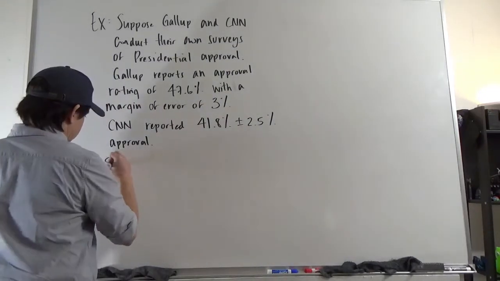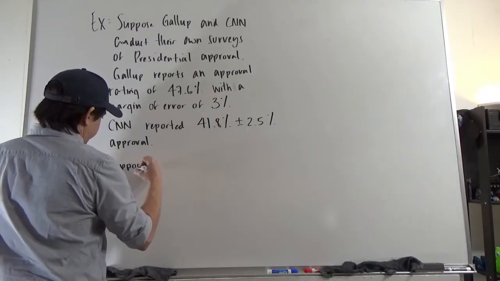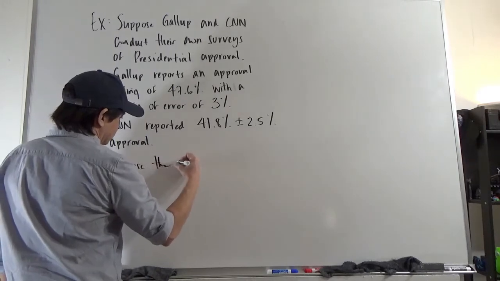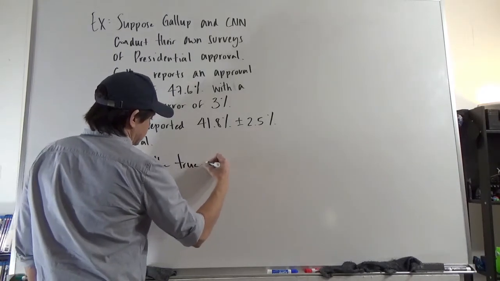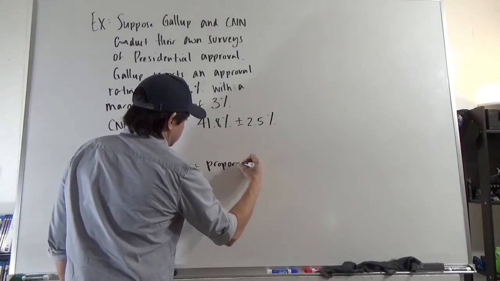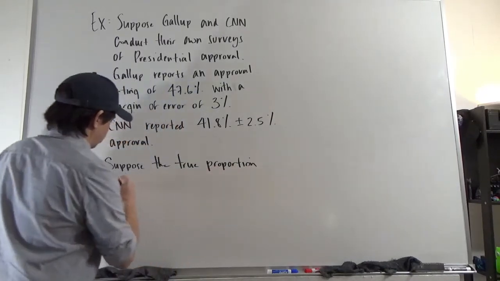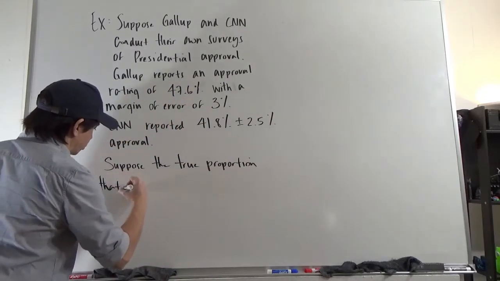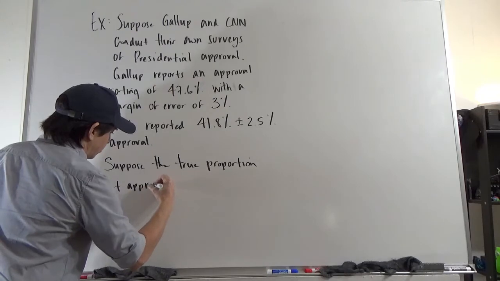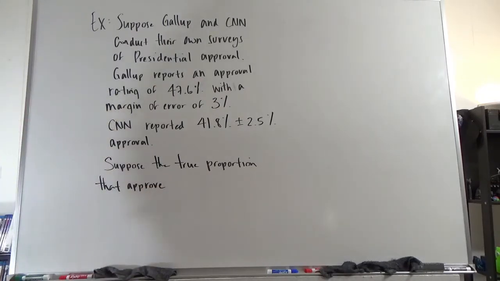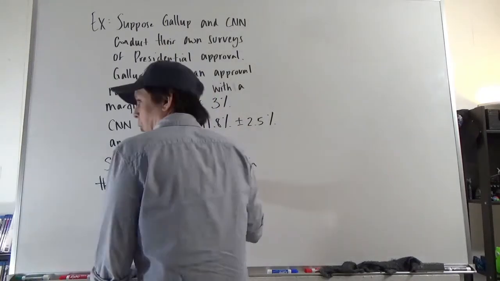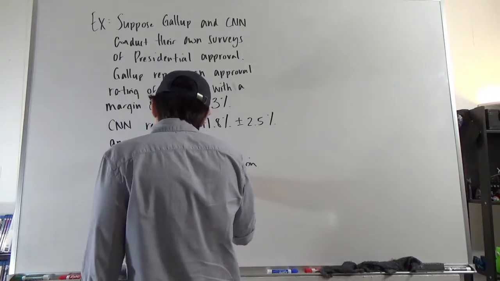Suppose the actual true proportion of voters that approve of the president, I'm going to shorten it, the true proportion that approve of the president was 44%.